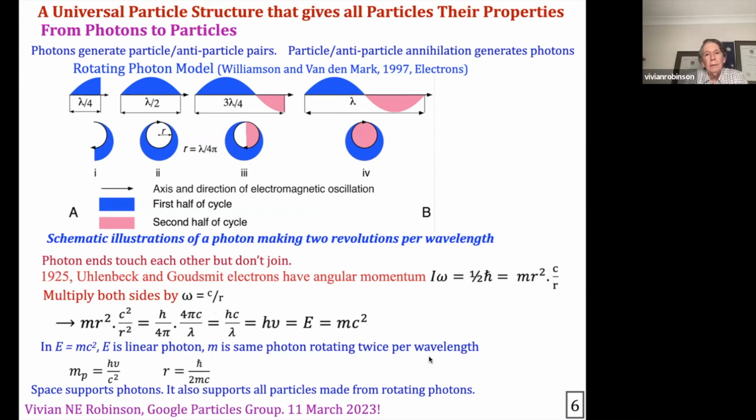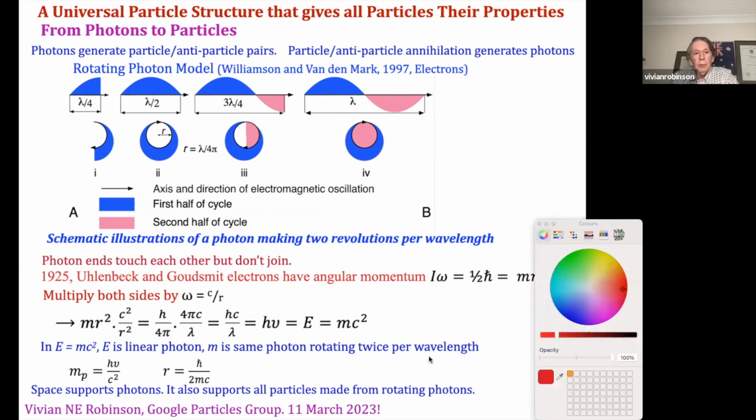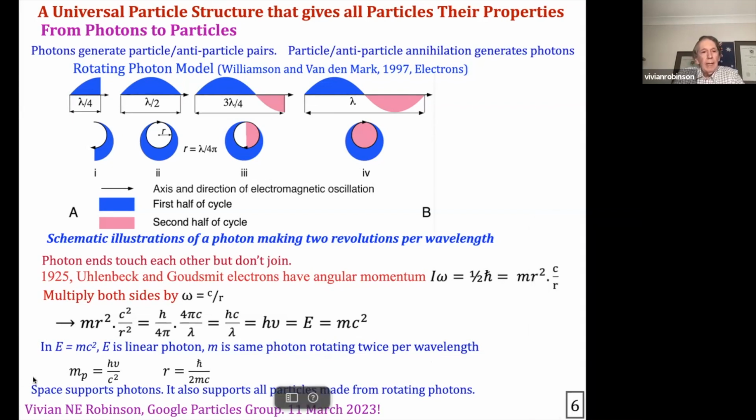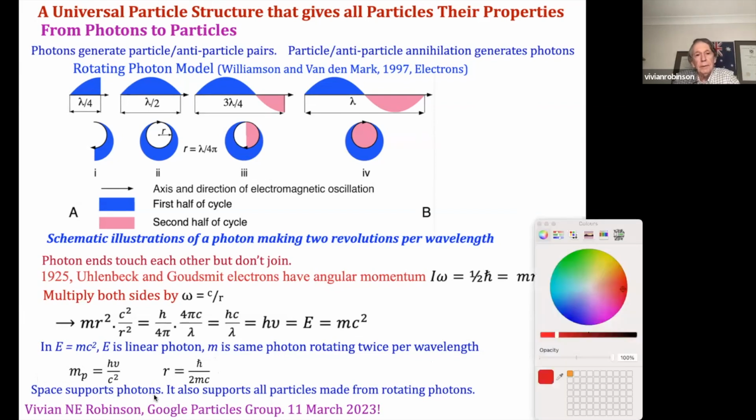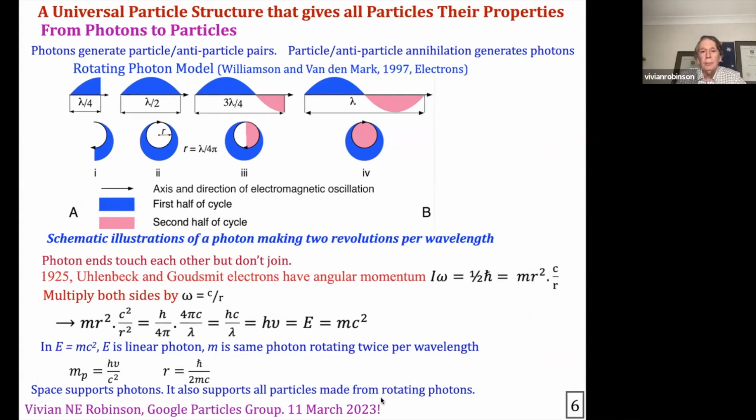Mass is the same photon rotating twice per wavelength. It gives the mass of a particle as h nu over c squared, and its radius is h bar over 2mc. As the earlier slide showed, space supports photons, so space also supports all particles made from rotating photons.